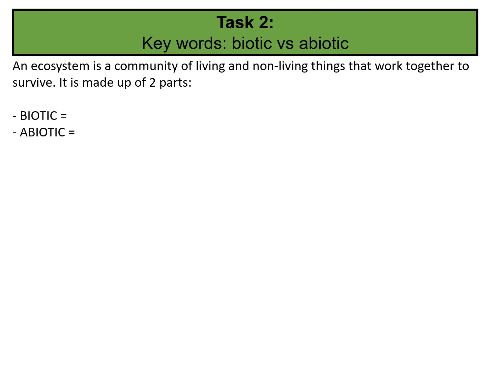An ecosystem, as I've already mentioned, is a community of living and non-living things, and they work together to survive. Now, when we use the terms living and non-living, it's important that we use the words biotic and abiotic instead.